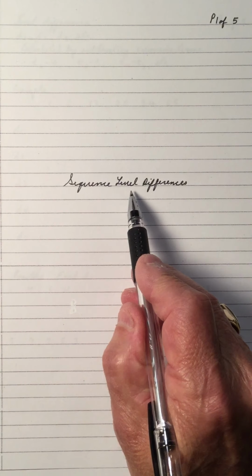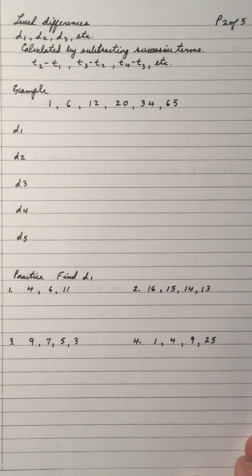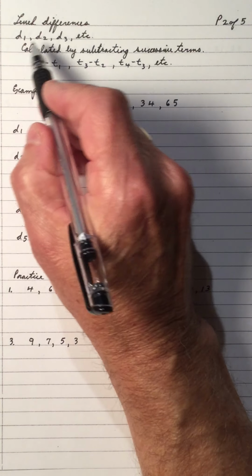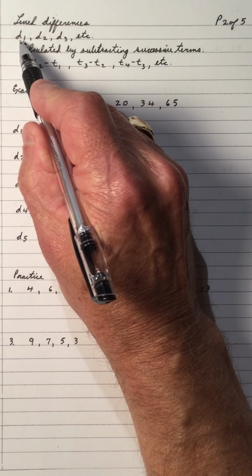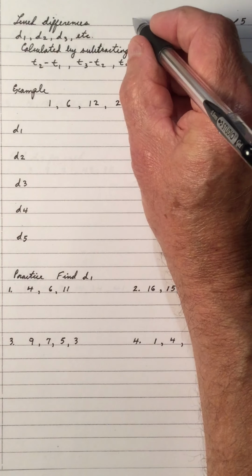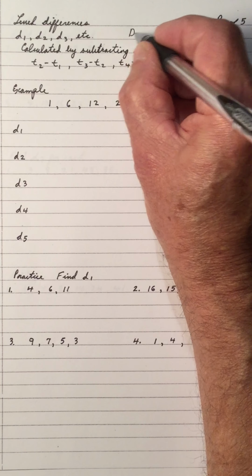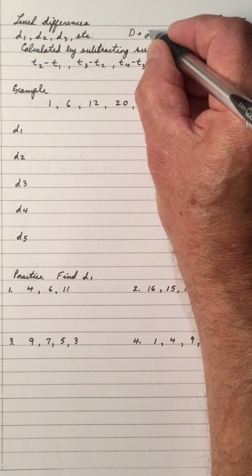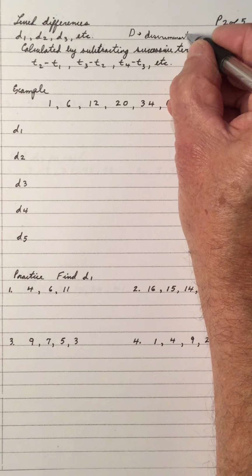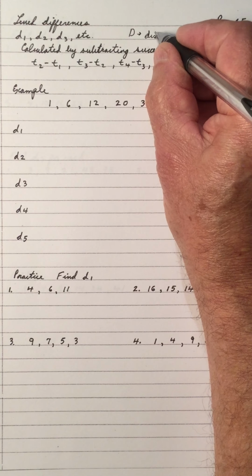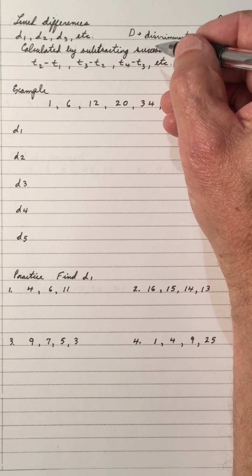So let's start with my third video, and this video is on sequence level differences. Level differences, D1, D2, D3, etc. Notice the D for difference is small because I didn't use a large D, because a large D stands for discriminant, which we use when we're dealing with the quadratic in the parabola solving equation.